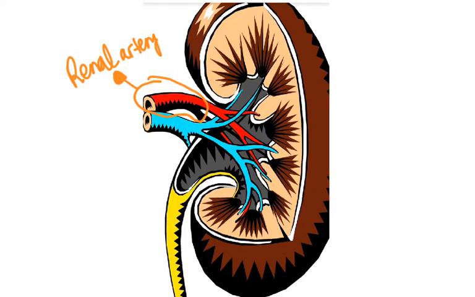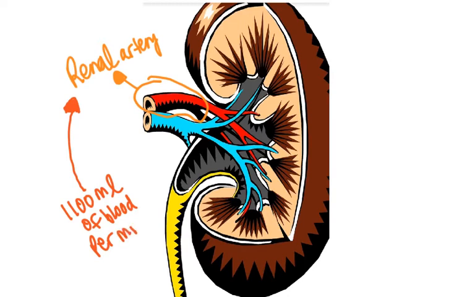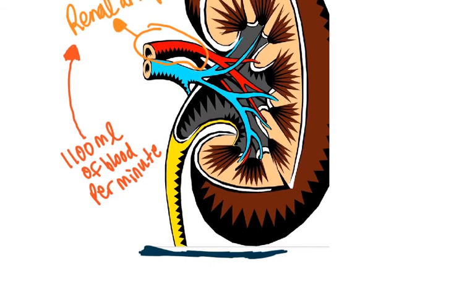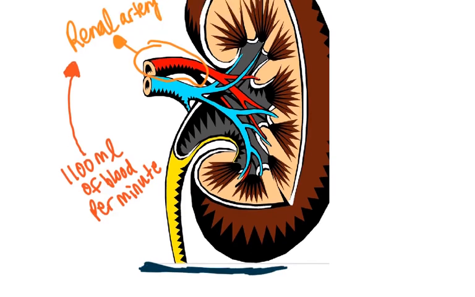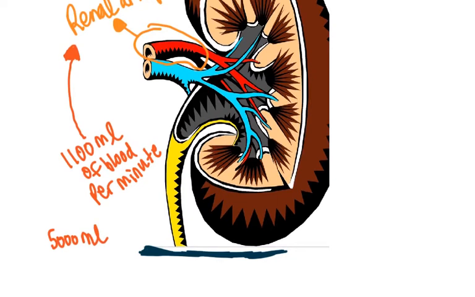And it turns out we receive into our renal artery around 1,100 milliliters of blood per minute. And the total blood volume in our body is around 5,000 milliliters.